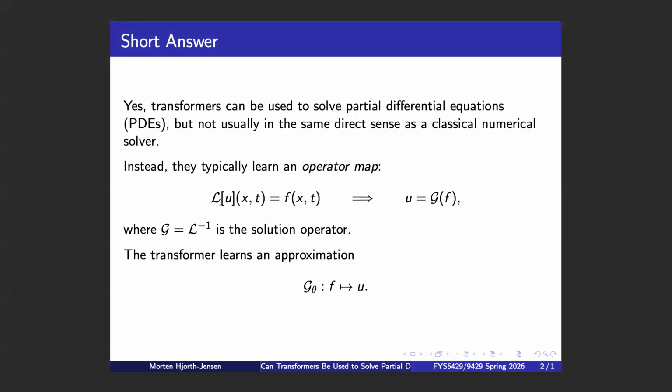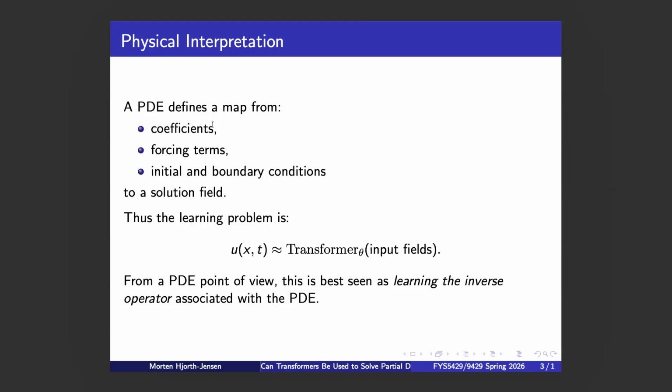Have you seen a differential equation written in this operator way? If you do a course more in mathematical physics, this is the way you would often write it. And we know that the solution operator is actually this one. So that means that the transformer learns an approximation here. A PDE defines a map from coefficients, some initial and boundary conditions, to a solution field.